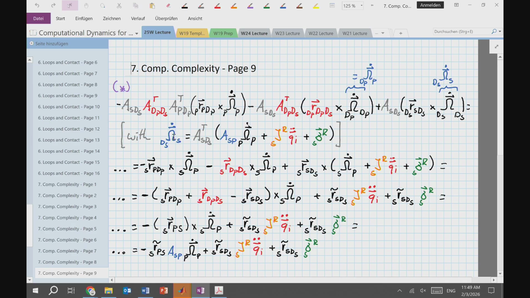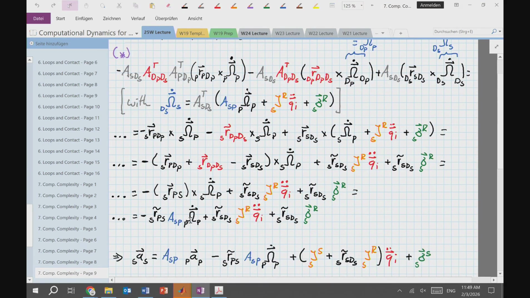And for the angular acceleration of the successor body, we have already developed this expression here, right? We said that it depends on the angular acceleration of the predecessor body plus this Jacobian plus some bias terms. Then I just expand and rearrange and do the trick where I flip the cross products and get stuff to the end.